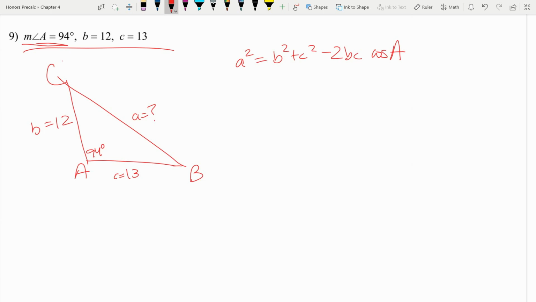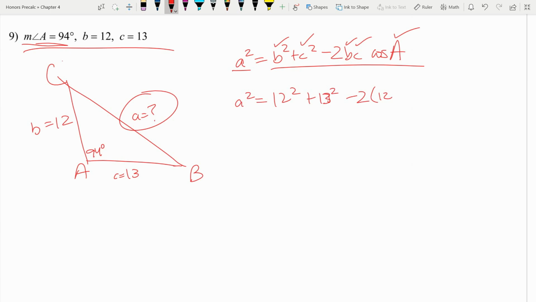I know my side b, I know my side c, and I know my angle A. So I've got everything on the right-hand side, and I don't know what a squared is, so this is perfect. I'll use this one and start plugging stuff in. a squared is equal to b squared plus c squared minus 2 times b times c cosine of 94 degrees. So this is when these are a little bit easier for us.